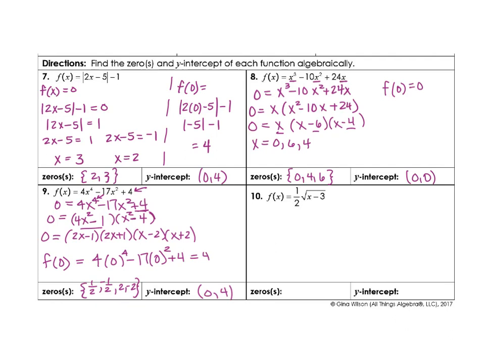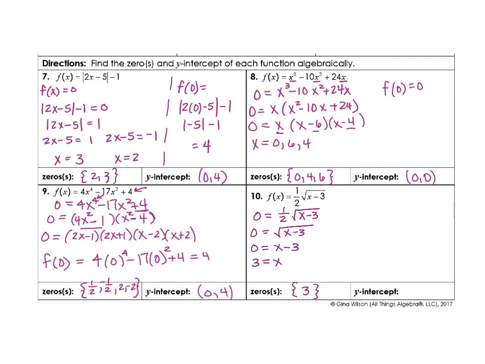Okay, and then our next problem, number 10, again, we're going to let our function be 0. And we'll multiply both sides by 2 to get rid of that 1/2, and 0 times 2 is still 0. We'll square both sides, and so moving 3 over, there's our zero: x is 3.